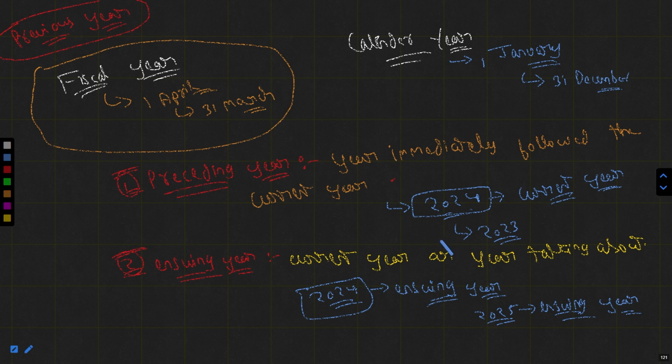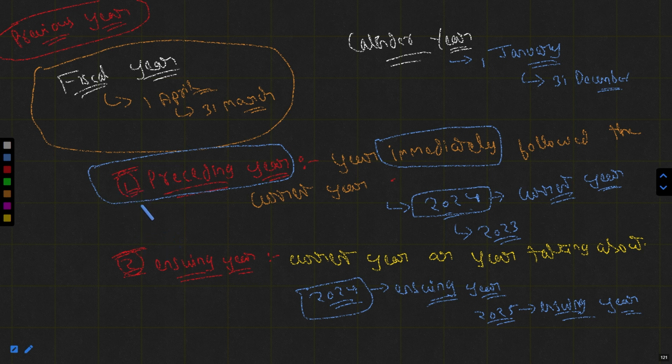It might be 2020, 2021, 2022, not immediate. When the word immediate is there, that will only be the preceding year. So that is the meaning of the preceding year and the ensuing year.